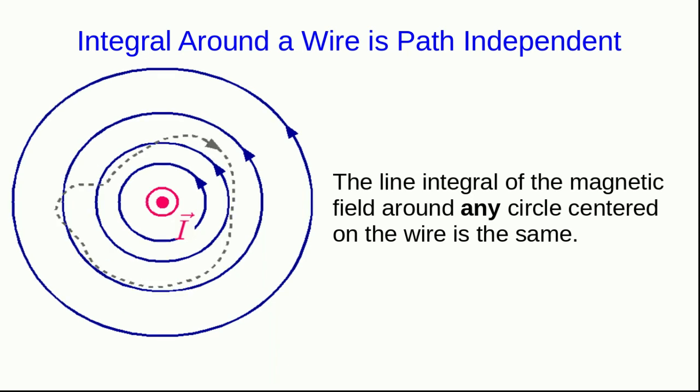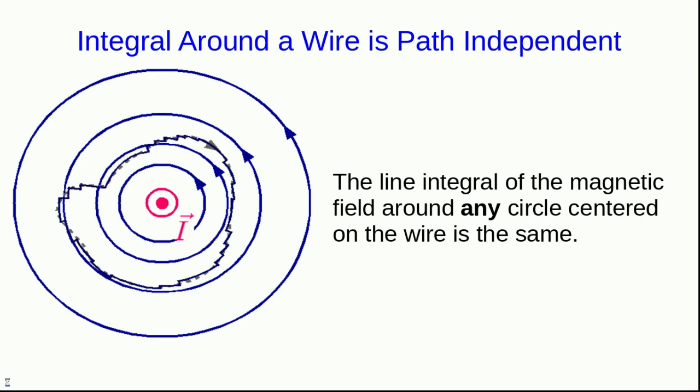Well, now, I can do that for any path. Once again, I can break this path up into segments that are on circles and segments that are radial. I know now that the integrals along the radial segments will all be 0, and all the ones along the circular segments will just add up to the same thing that I would get if I took any circular path around the current.